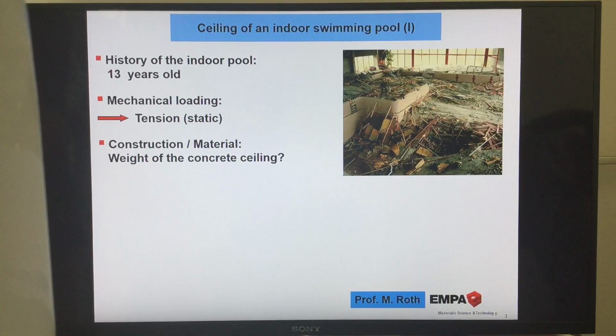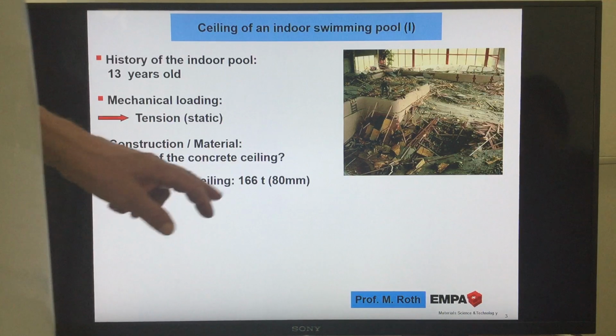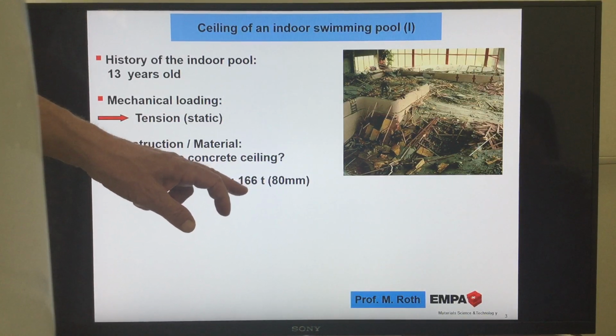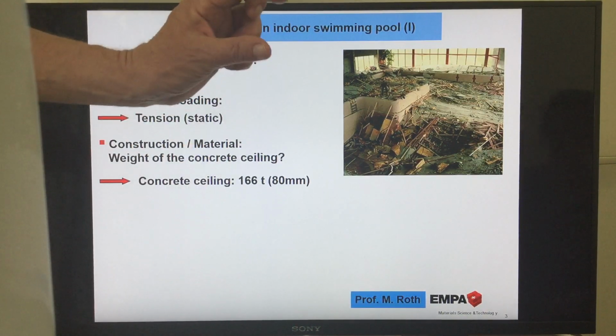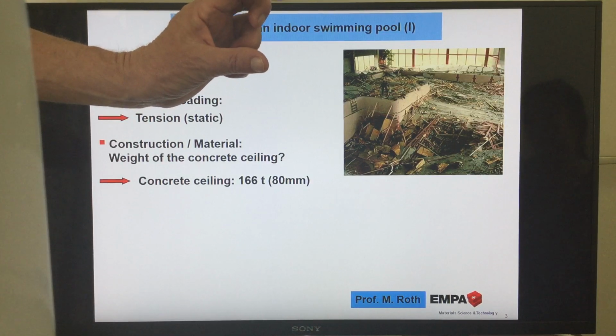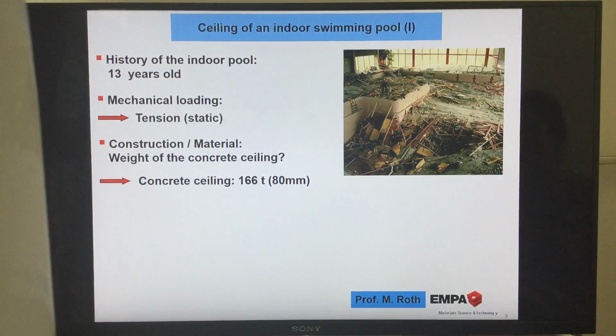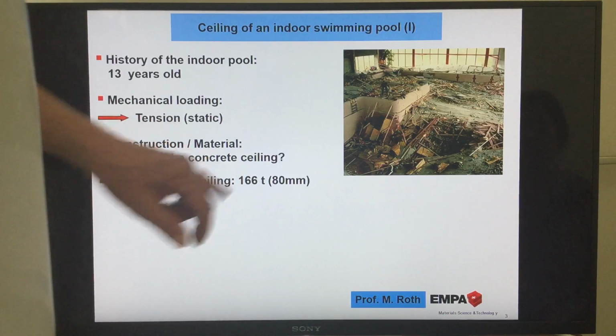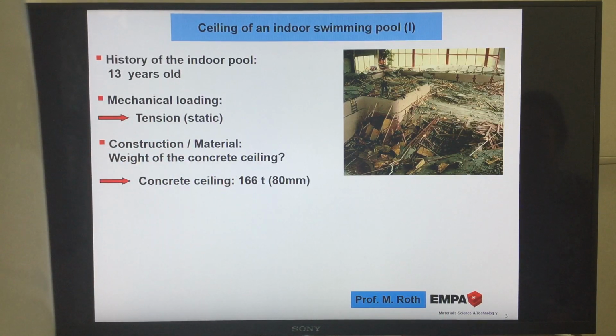The weight of the ceiling was originally 166 tons for a thickness of 8 centimeters, about so thick. So that's enormous weight. Imagine 166 tons. This correlates to about 4 big heavy trucks hanging there on these steel hangers.